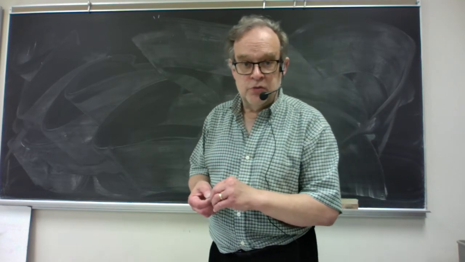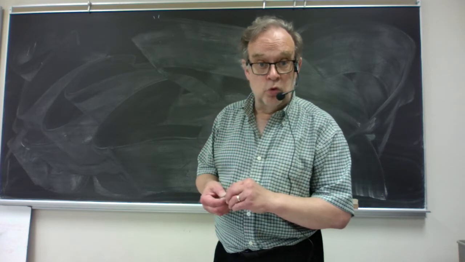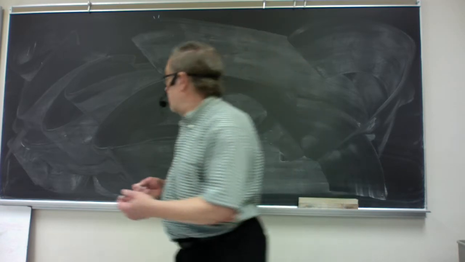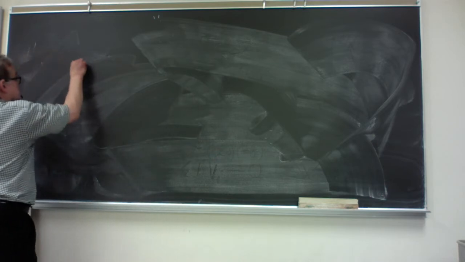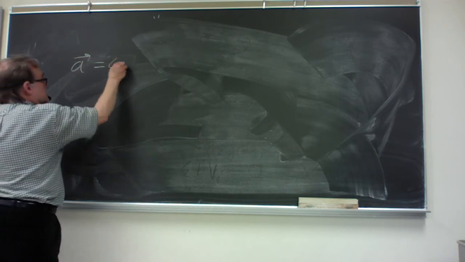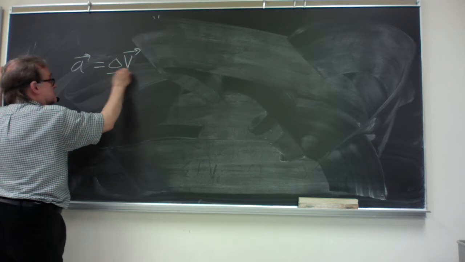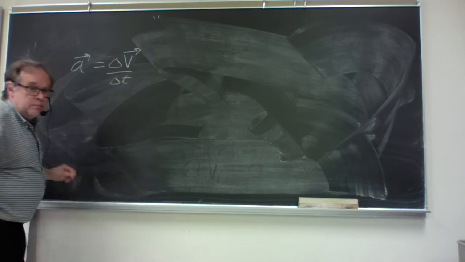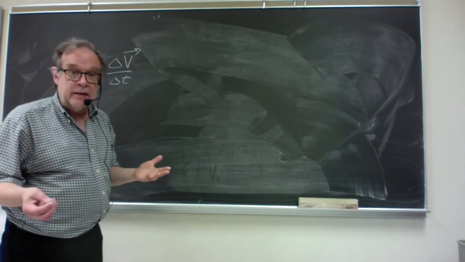And the rule that we use to define acceleration looks very much like the rule for defining velocity. Acceleration is just change in velocity divided by the length of time it took to make that change.